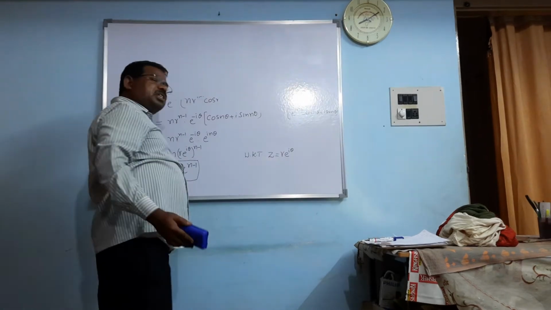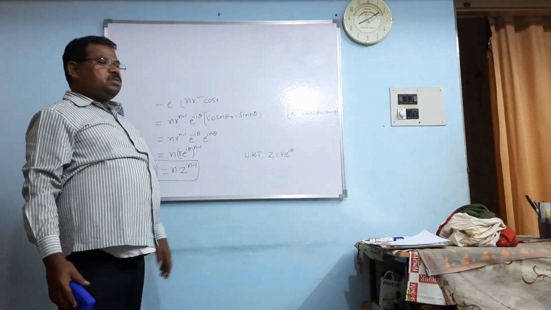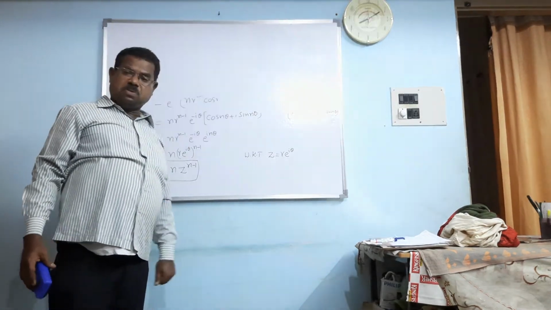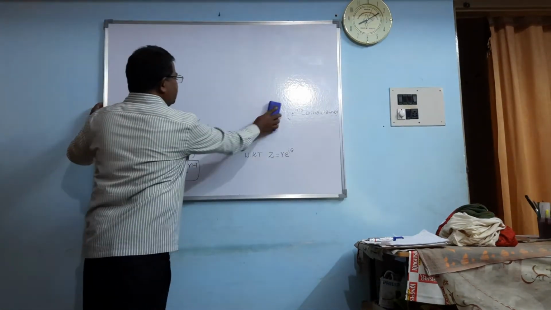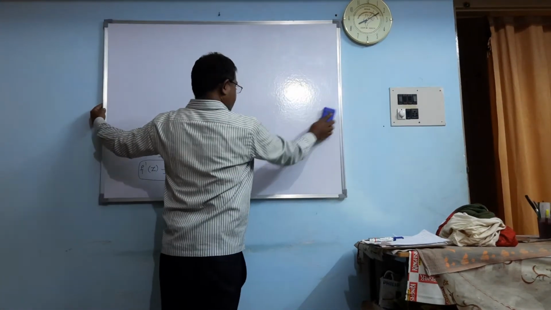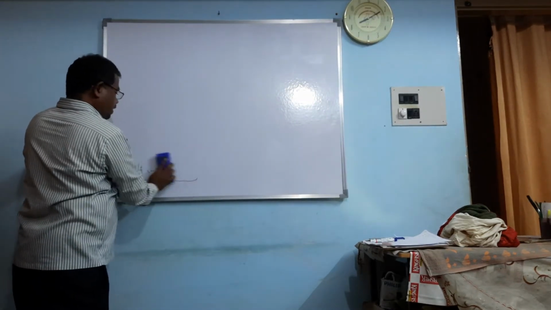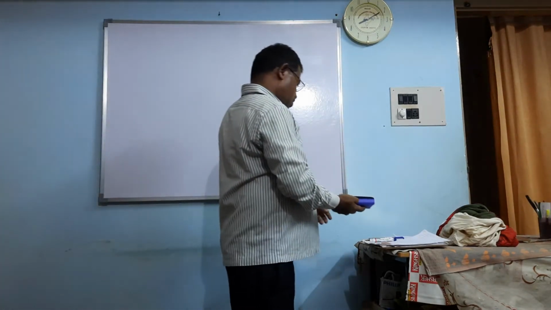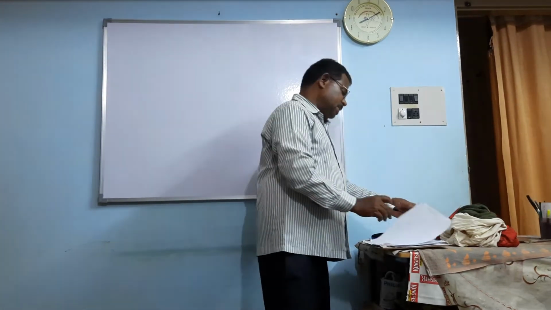The first type of method is to find the analytic function f of z and also find its derivative, right? This is type 1 problems. Next, problem number 3.